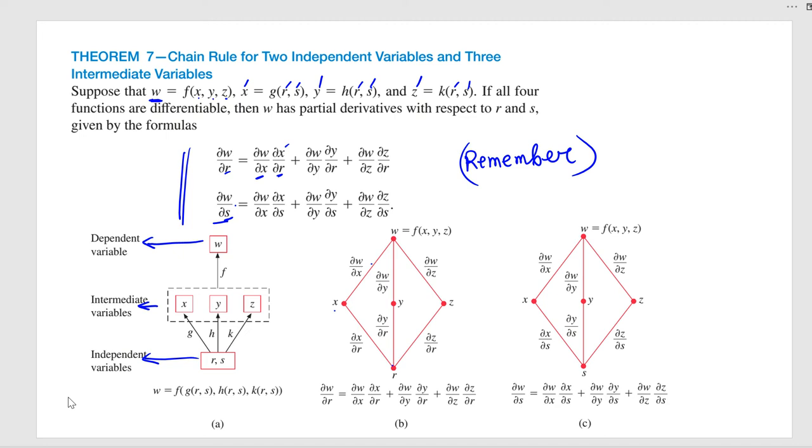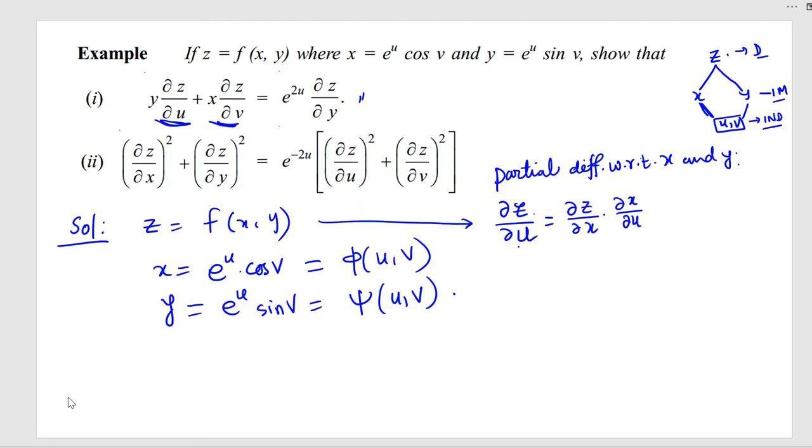Try to apply this relation: in place of r we have u, and in place of s we have v. r equals u, s equals v. So here we have del z del y, then del y del v, del u.